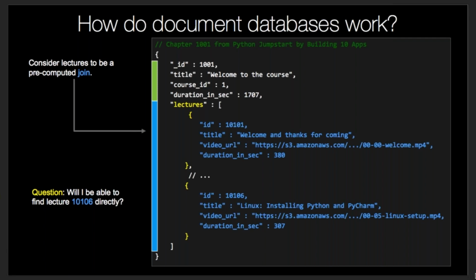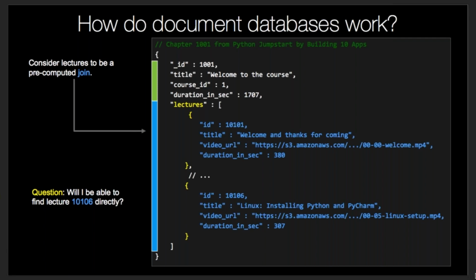So the $64,000 question, of course, is if you embed data like this, can you still ask interesting questions? If you had a chapter table and a lecture table and some sort of foreign key relationship between them, you could easily query for lecture 10106. But when it's like this, and you have millions of records, can you still ask for lecture 10106?